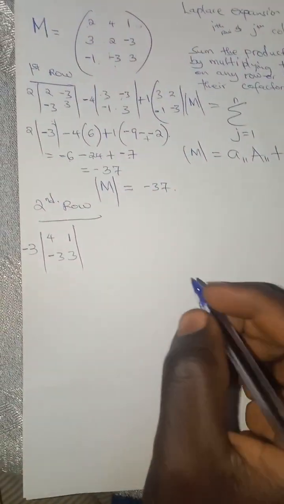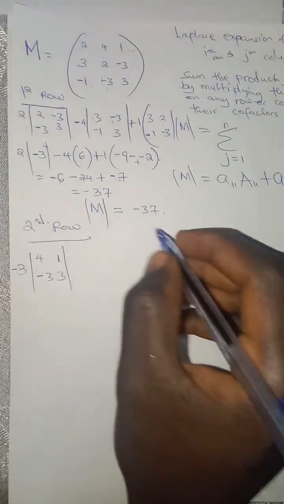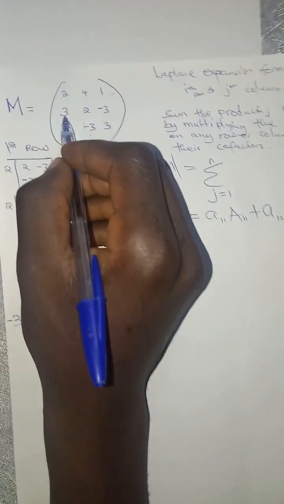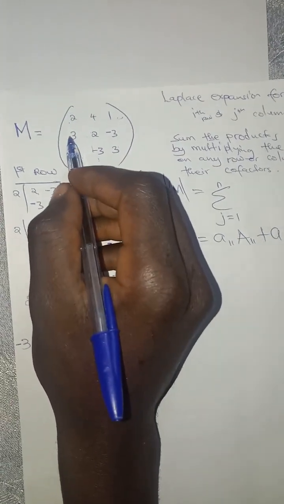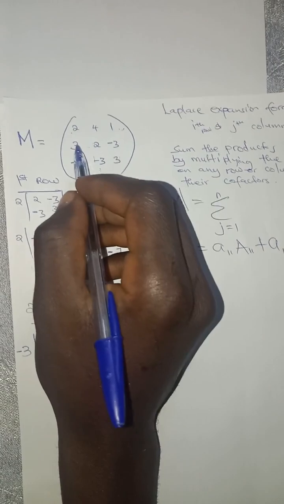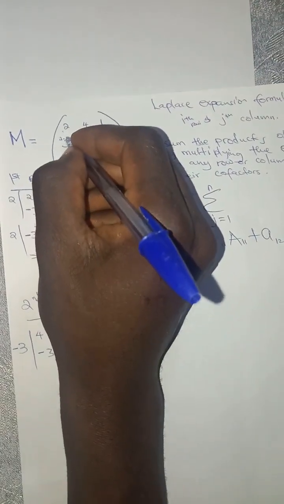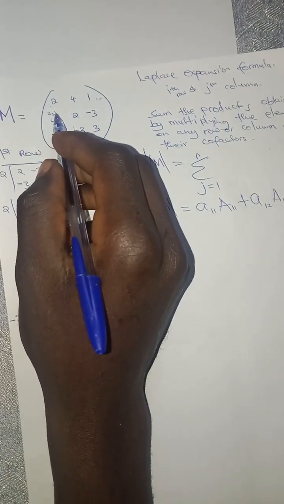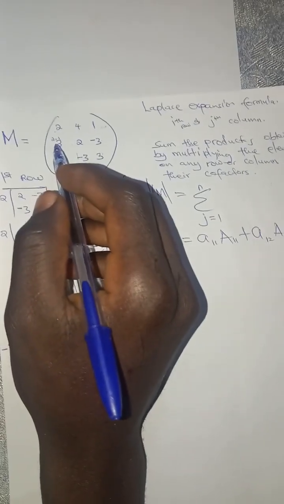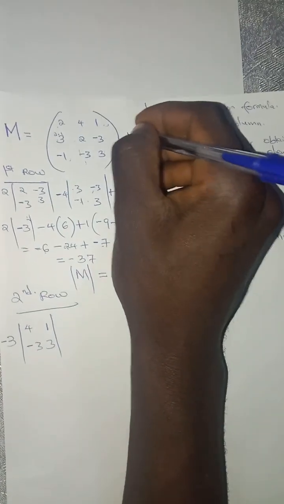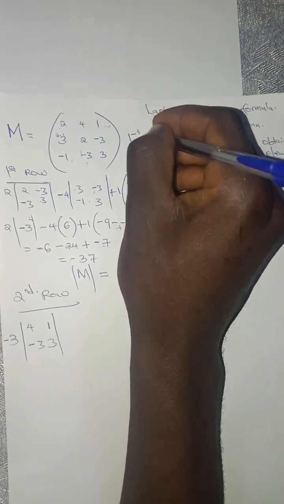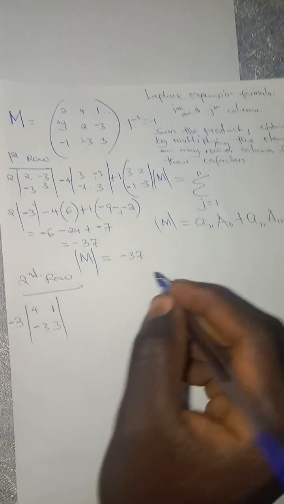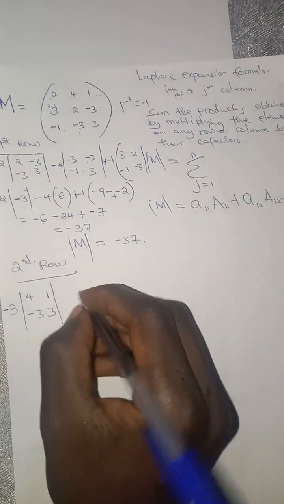Because of the cofactor. 3 is at row 2, column 1. If we add 2 and 1, we get 3, and negative 1 raised to power 3 gives the cofactor negative 1. So it has to be a negative here.